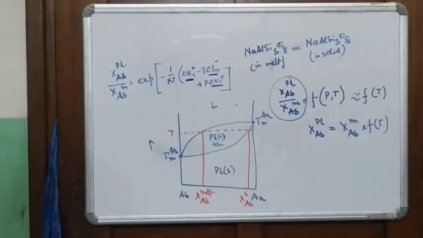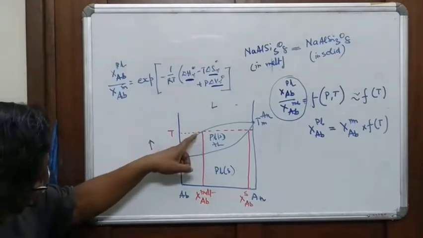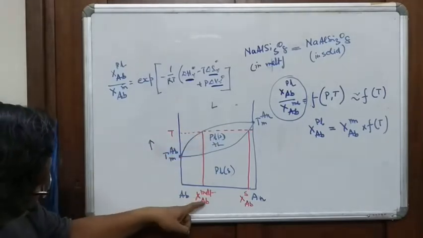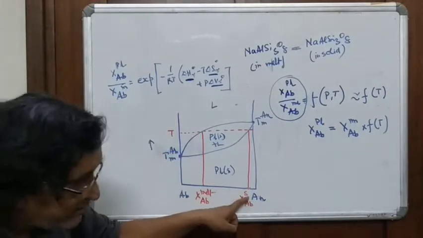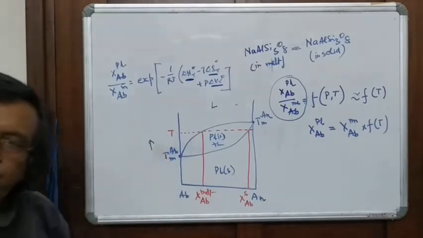Do you see that? This is the liquidus, so this is the composition of the melt, in equilibrium with X albite in the solid, at this temperature.